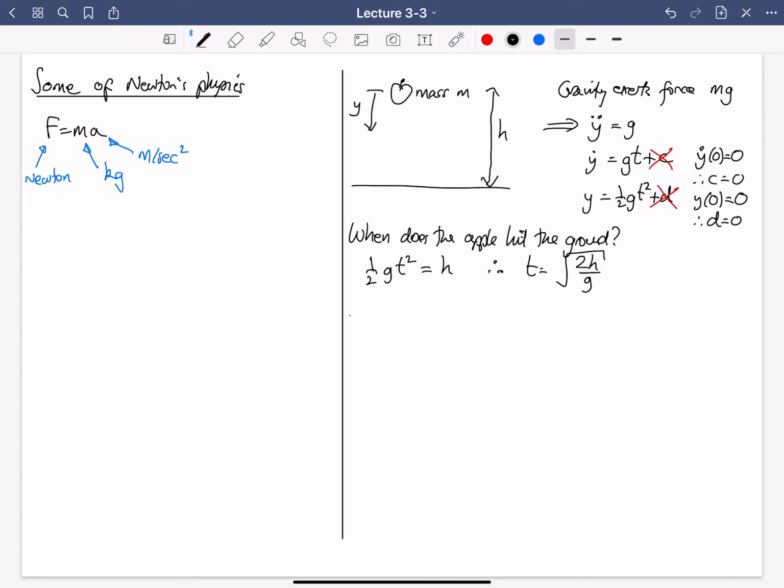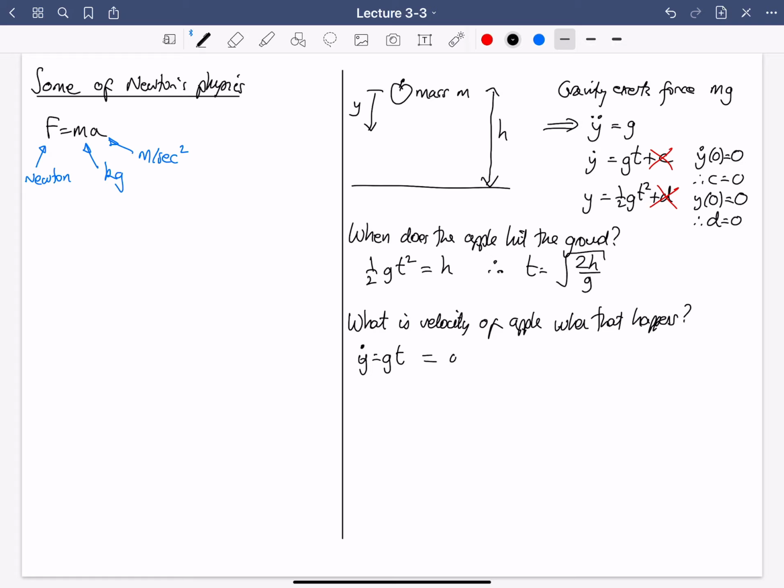And then I'm going to ask, what is the velocity of the apple when that happens? So let me see. So velocity is gt, and we know the time t when it hits the ground.